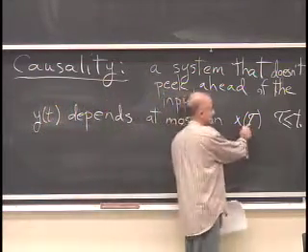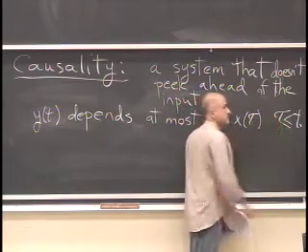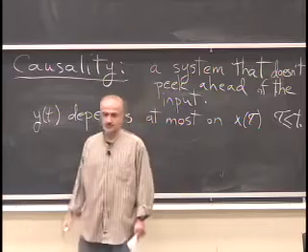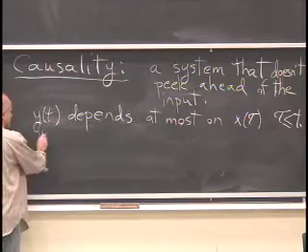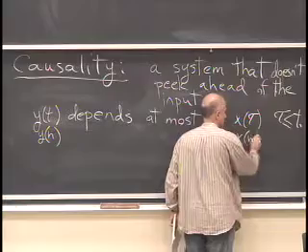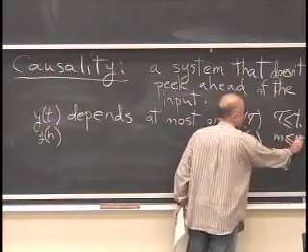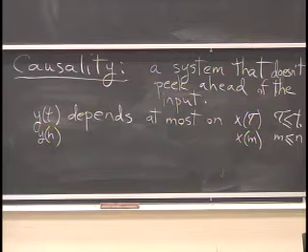That's a dummy variable. So it depends on all the x of tau for tau less than or equal to t. Or in discrete time, that's the description. Okay?